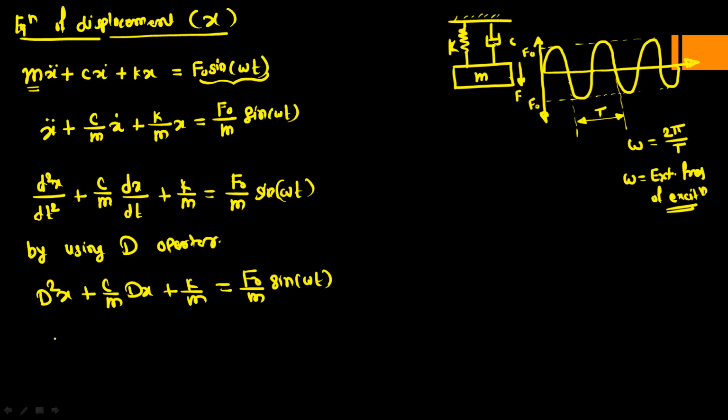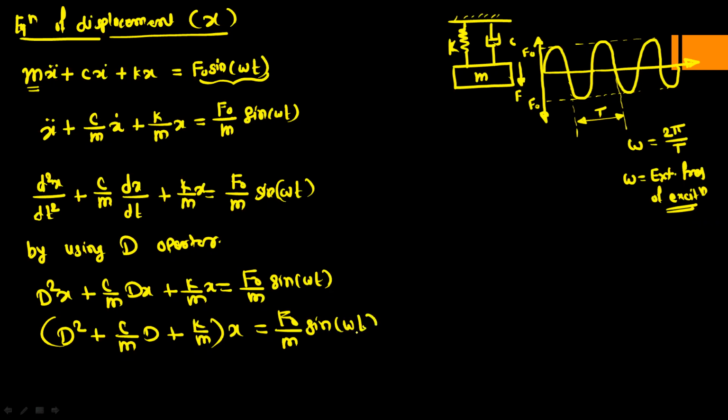Okay, so sorry, take x common, so we will get D square plus c upon m D plus k upon m into x, this is equal to f0 upon m sine omega t.